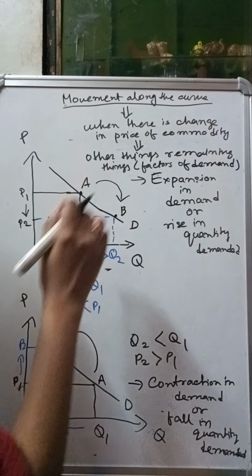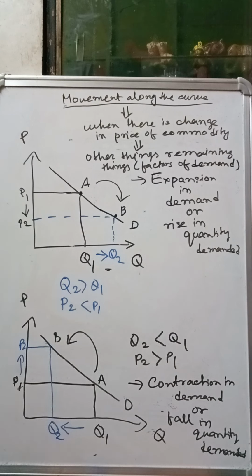So a movement along the curve, it may be expansion or it may be contraction, but it takes place only when there is a change in the price of the commodity and no change in the factors of demand, or we can say other things remaining same.